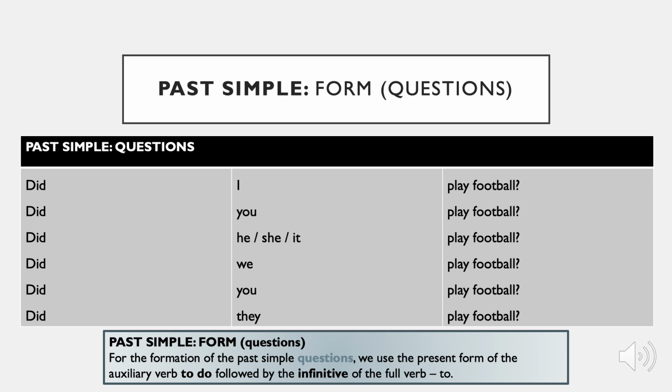Dus als het werkwoord eindigt op een klinker waarop de klemtoon ligt en die klinker wordt gevolgd door een medeklinker, dan moet je de laatste medeklinker dubbel schrijven. So, for example, to commit becomes committed and to regret becomes regretted.